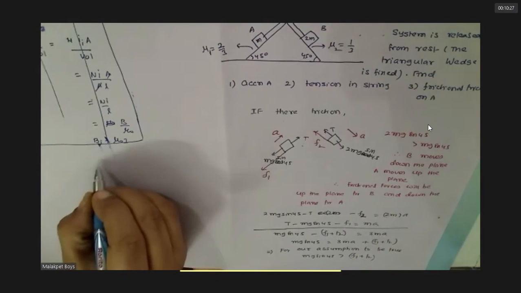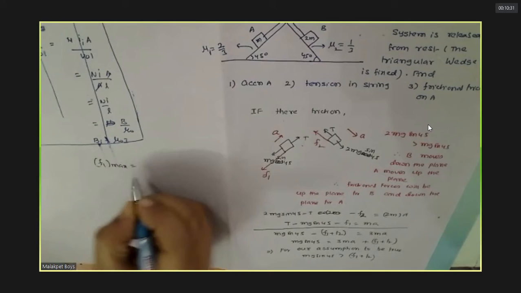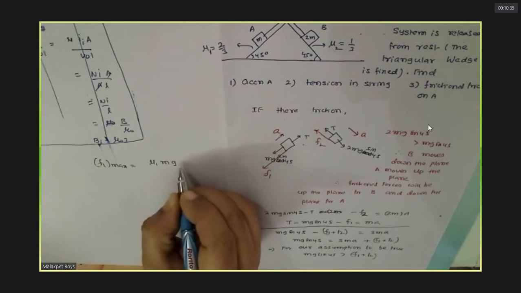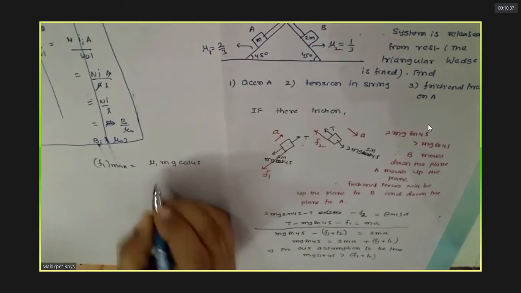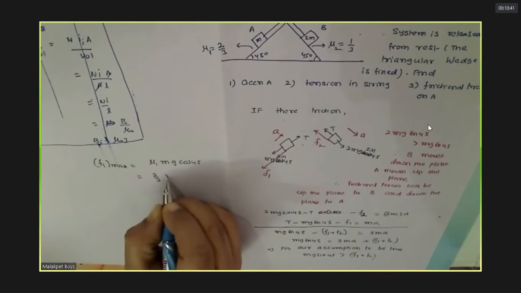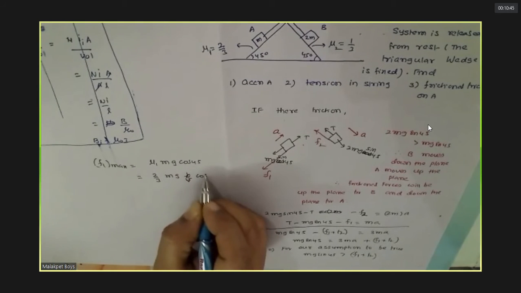Now find the limiting frictional force. F1 max is mu1 mg cos 45. What is mu1? 2 by 3. So 2 by 3 mg cos 45.